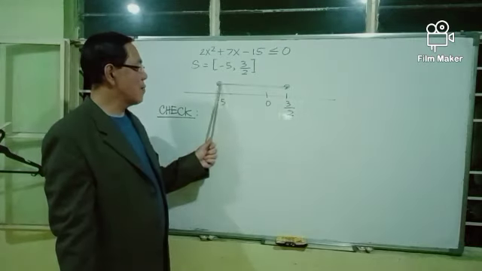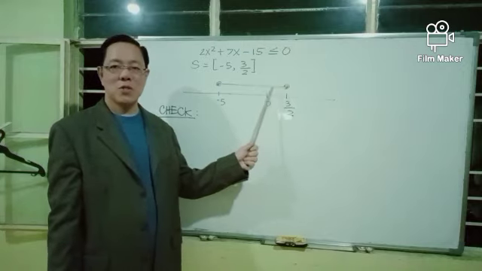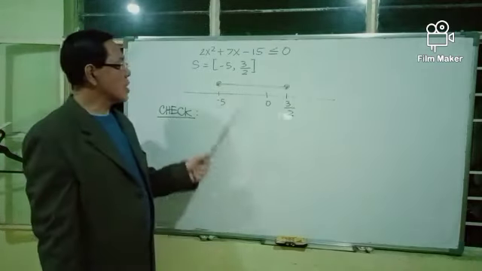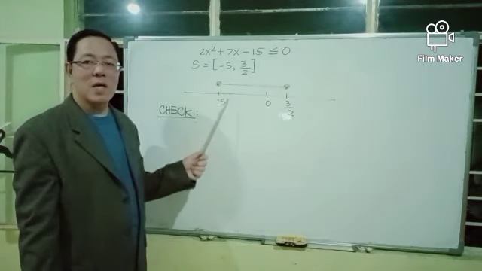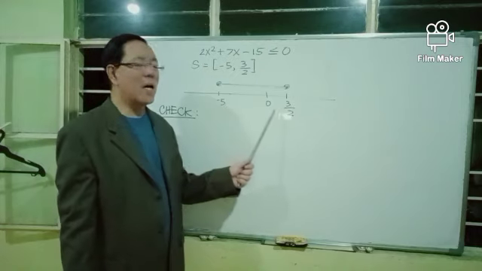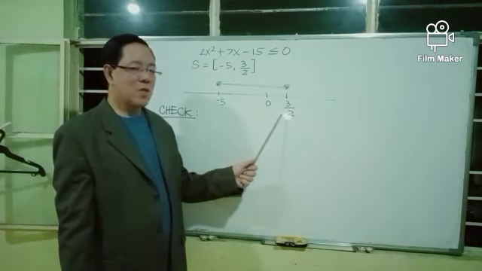And all the real numbers between -5 and 3/2 are solutions, represented by this line. Now, to check if the solution is correct, you take any number between -5 and 3/2, including -5 and 3/2.